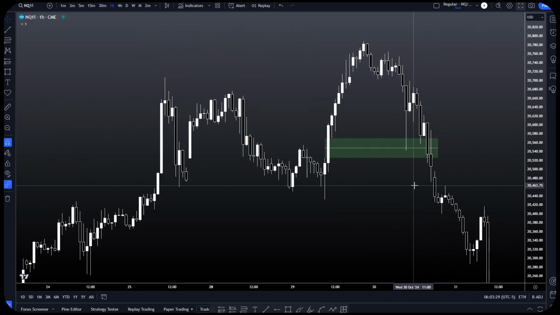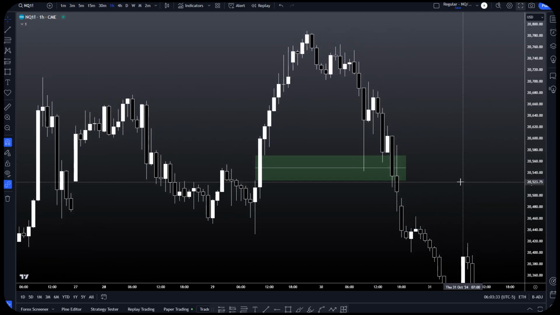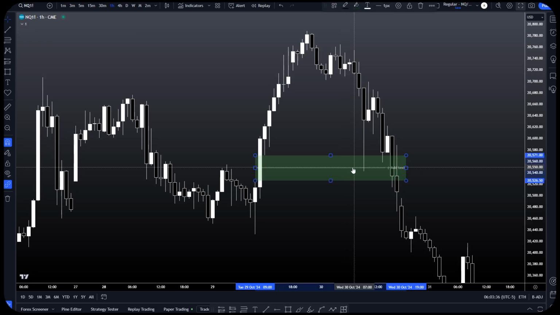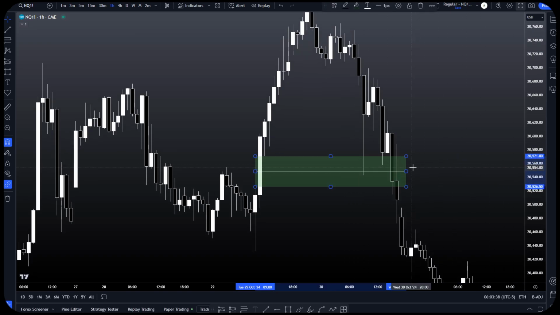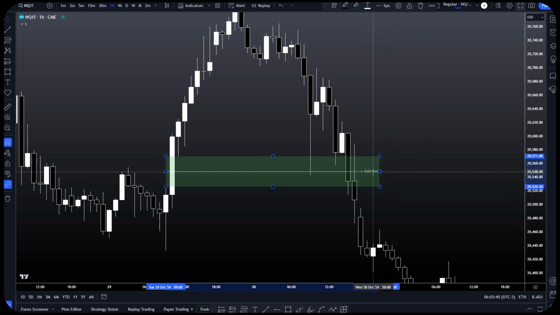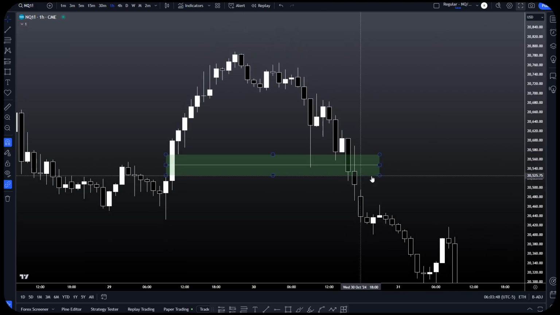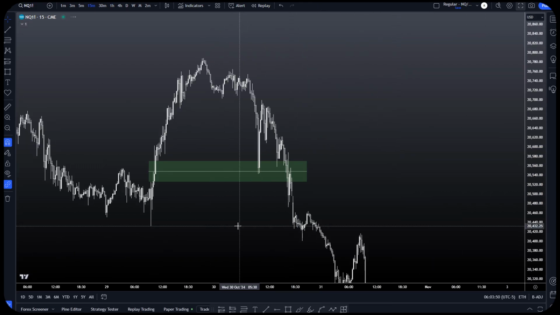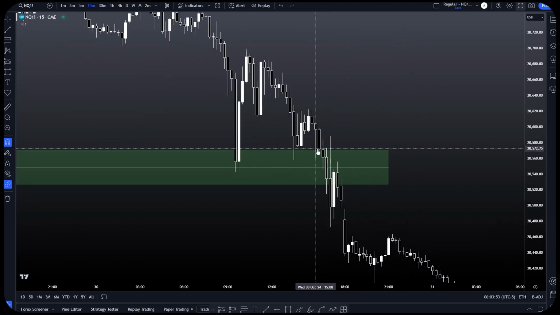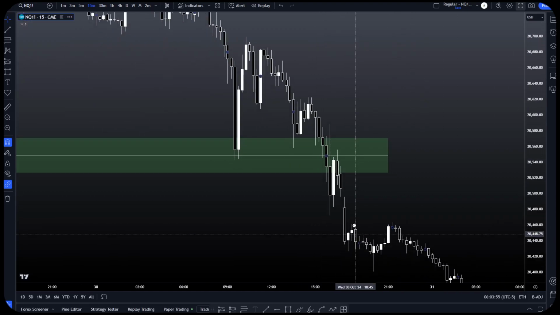So understanding the context, you can even anticipate some of these bullish fair value gaps being inversed. You shouldn't expect all of the PD arrays to hold. Some of the PD arrays are going to be inverted and then treated as bearish, such as in here. You can see we trade past it, we reject and go lower again.